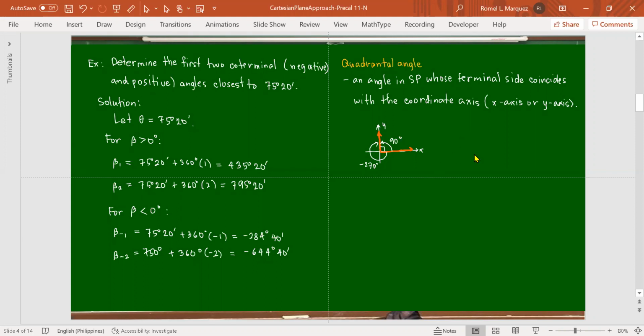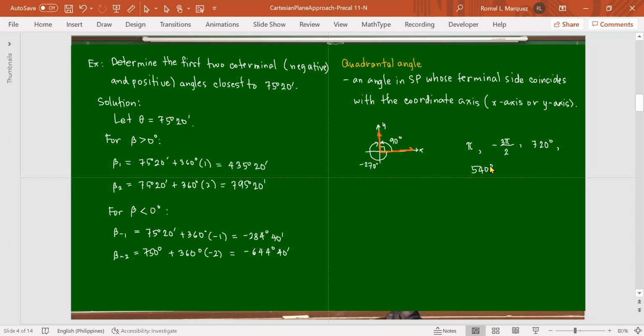Aside from such, we have what? Pi. Is pi a quadrantal angle, guys? Yes. What about negative 3 pi over 2? 720 degrees. 540 degrees.